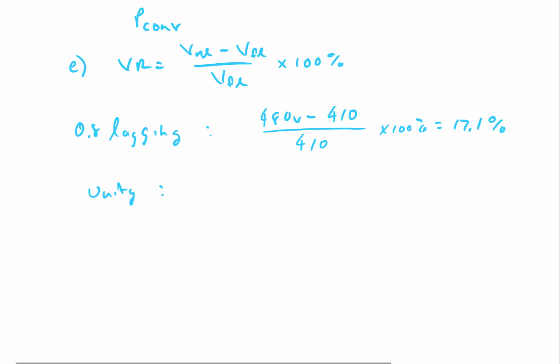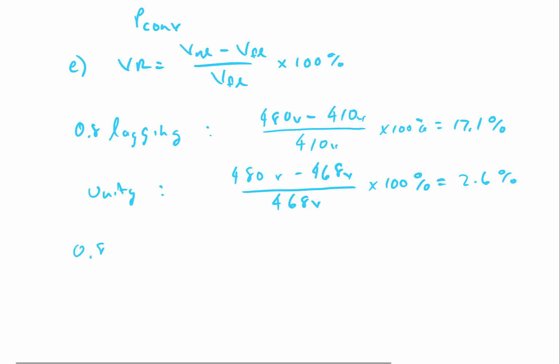If we do the same thing in the unity power factor case, again we have 480 volts. And in this case, the terminal voltage when we were at unity power factor and rated current was 468 volts. And so if we crank through that, we get a voltage regulation of 2.6%.